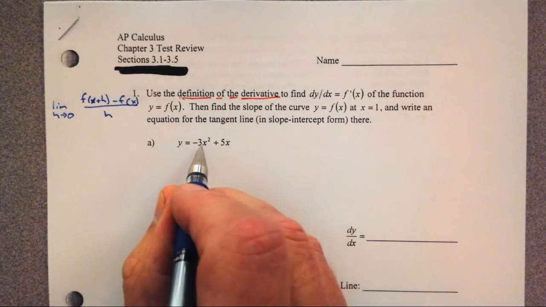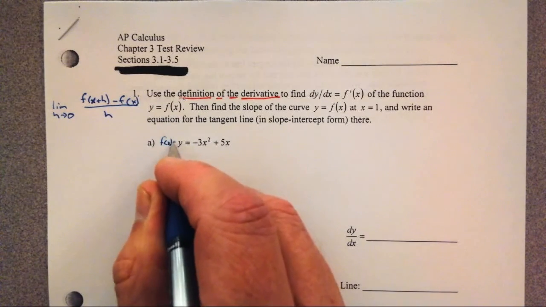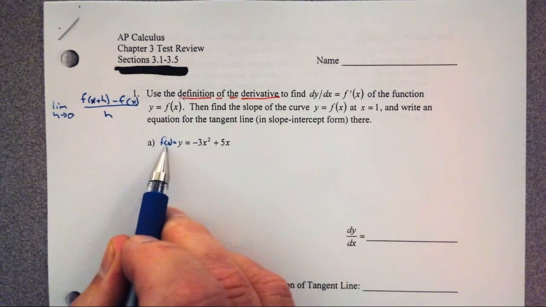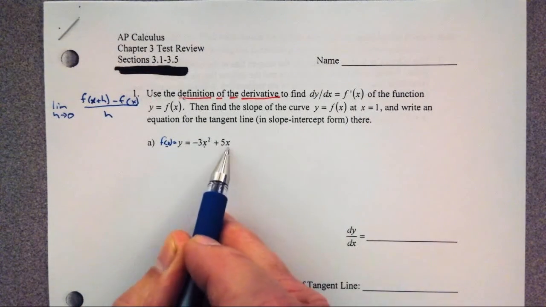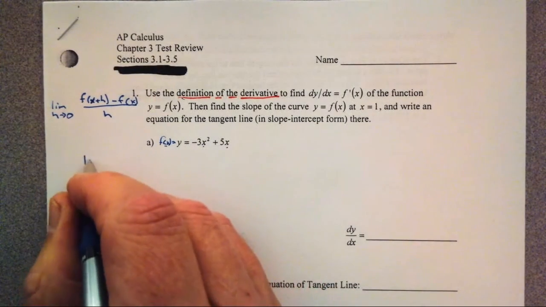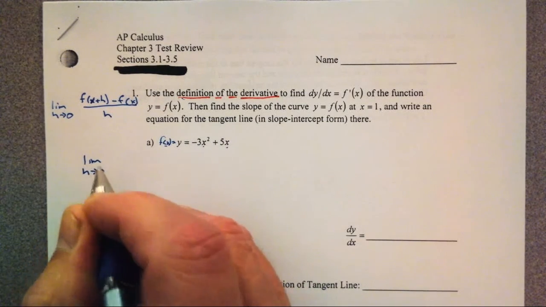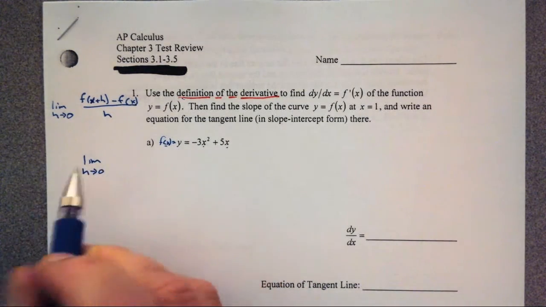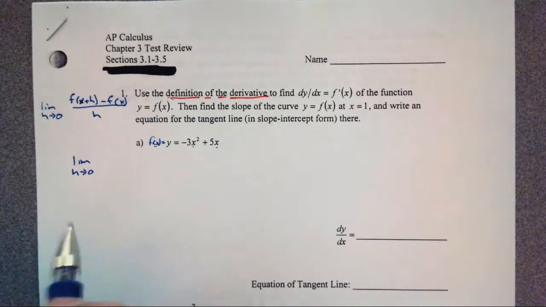So when I put x plus h into this function, if I want to refer to this as a function of x, f of x, f of x is a factory that takes things and puts them right here and right here. So I get the limit, and you're going to have to write fairly small on the test. The limit as h approaches 0, and we need to write limit every time. We're not going to shortcut that.